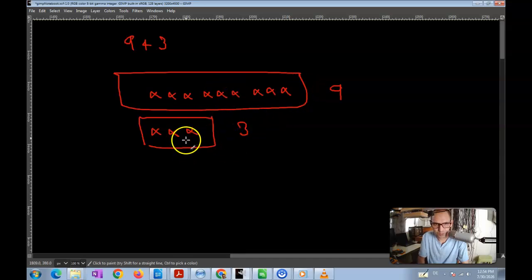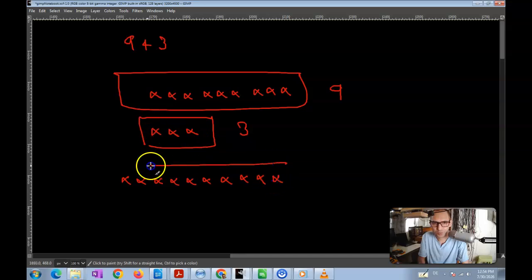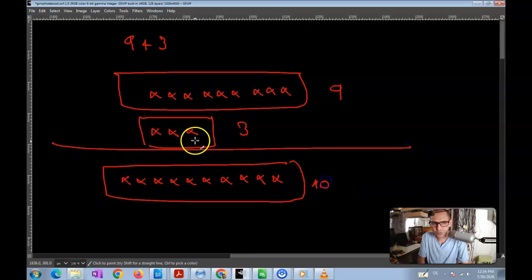So what I can do is take the 9 pebbles and write it this way. So this is a 9, and then I take one of these and I want to put these together. I make a group of 10, and then I have 2 left over here.